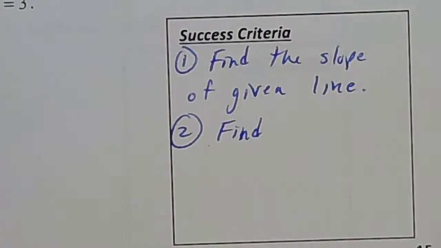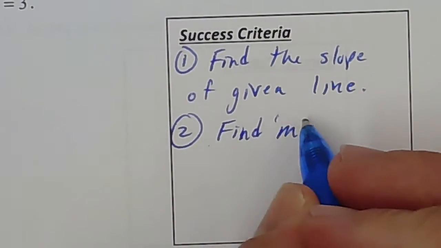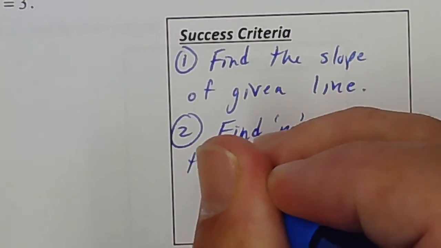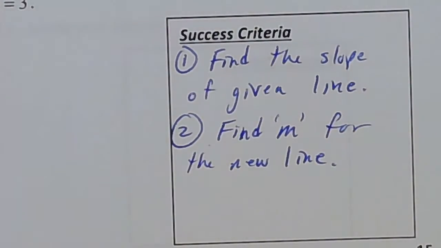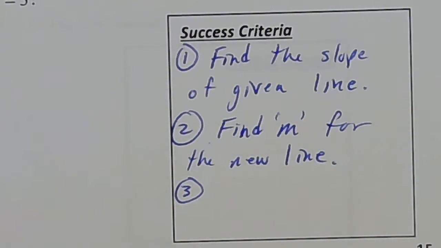Once you do that, we need to find m, I'm going to just put M for slope, for the new line. And at that point, we'll kind of talk and discuss.